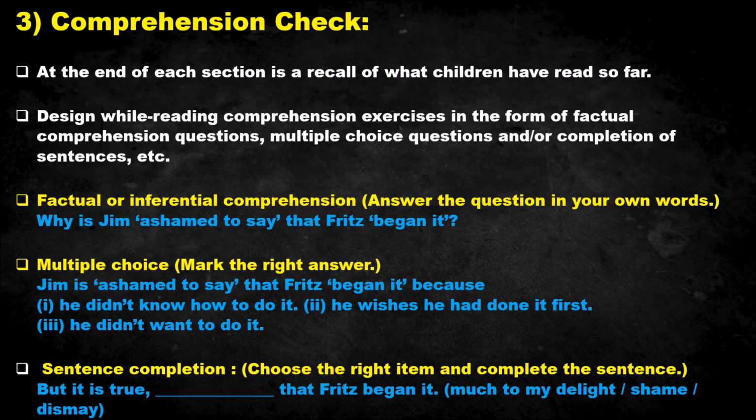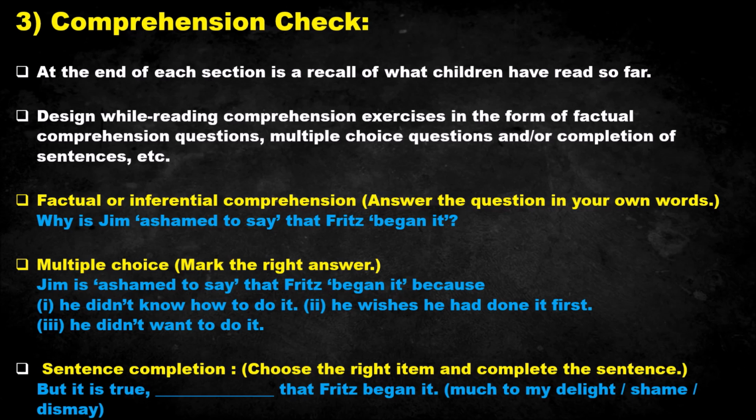For example, the factual or inferential comprehension question is, why is Jim ashamed to say that Fritz began it? And you can use another multiple choice question like, Jim is ashamed to say that Fritz began it because: number 1, he didn't know how to do it; number 2, he wishes he had done it first; number 3, he didn't want to do it.